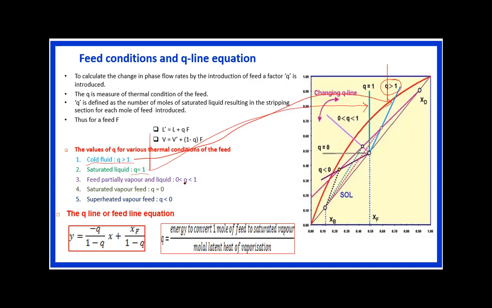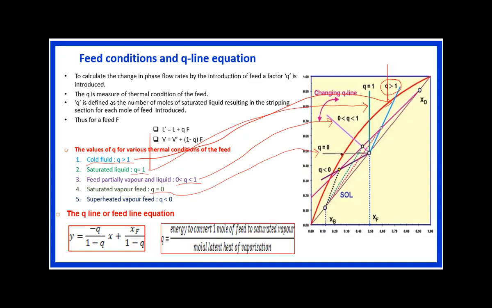Then the feed may be partially vapor and partially liquid. That is, the value of q is between 0 and 1, and that can be represented by this q line. And q equal to 0 means saturated vapor feed, so that can be represented by this line. That is, q equal to 0 means slope is equal to 0 and it is parallel to the x-axis.